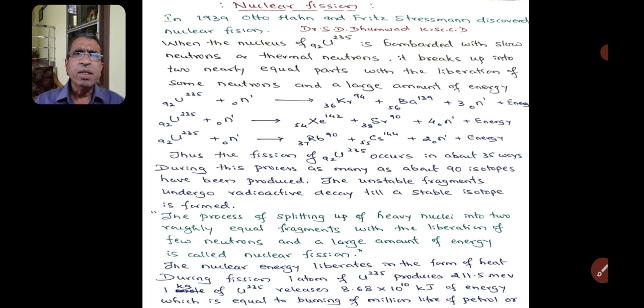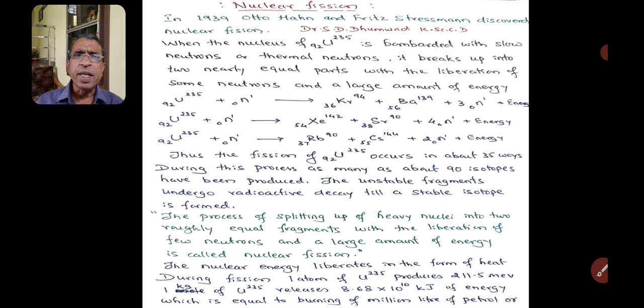So what they did: when the nucleus of uranium-235 is bombarded with slow neutrons or thermal neutrons, it breaks up into two nearly equal parts with the liberation of some neutrons and a large amount of energy.